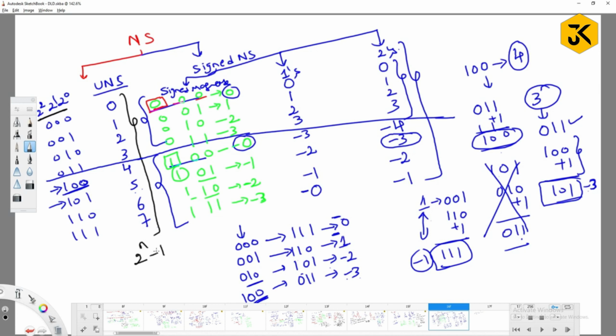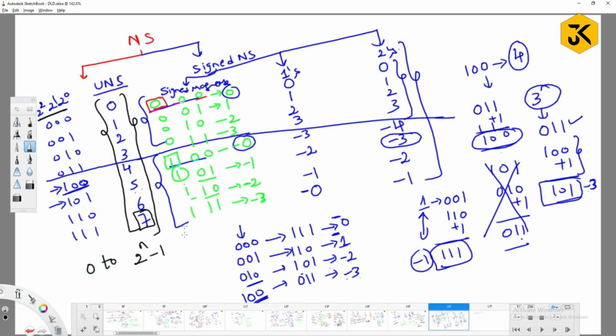Right? What is n here? 3. 2 cube is 8, minus 1 is 7. So the maximum number is 7, or not? Maximum number is 7. So what is the range of values that you can generate if you have a 3-bit system in unsigned representation? 0 to 7. That is 0 to 2 power n minus 1.